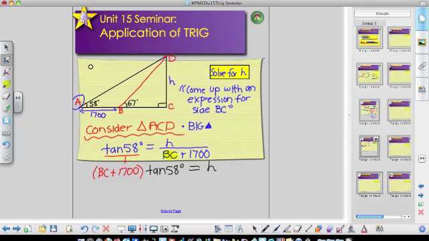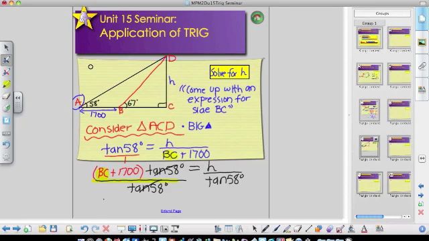I want to isolate my BC by itself. First of all, I want to detach this tan 58, take it away from the BC. So I'm going to divide both sides by tan 58 degrees so that I can cancel the tan 58.